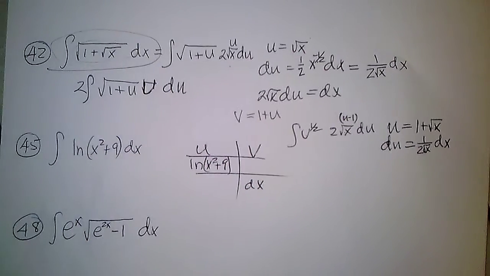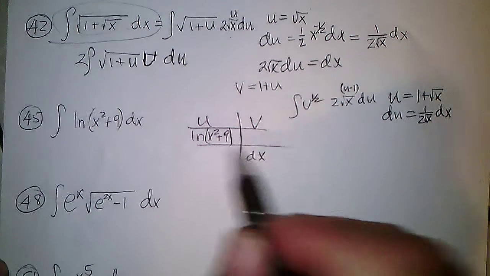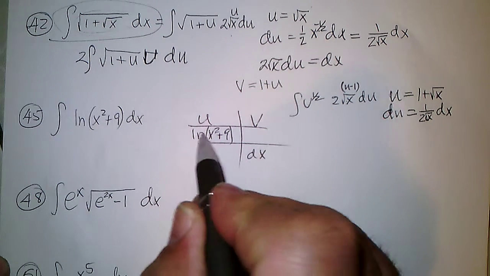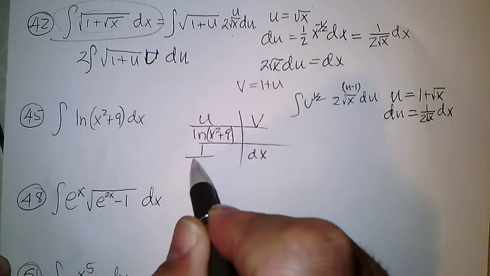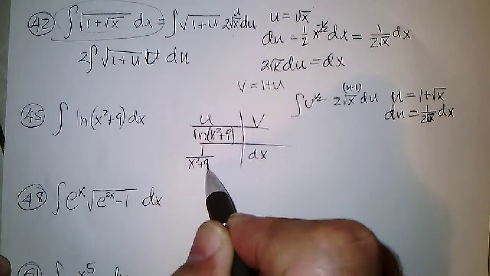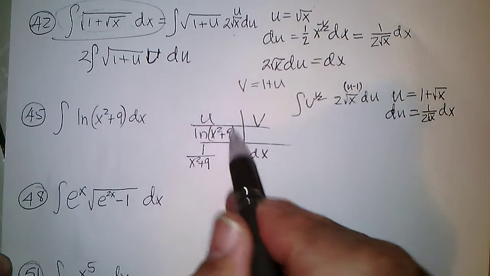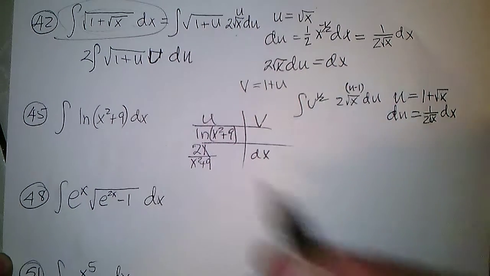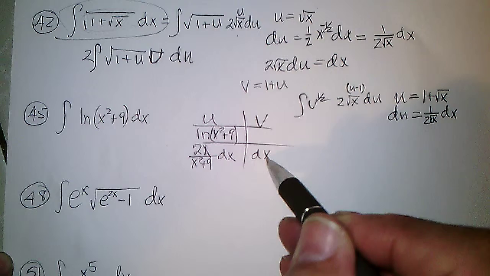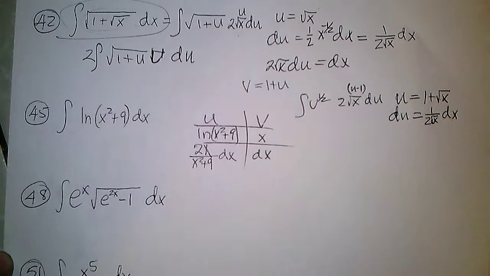and then the derivative of this, and you got to be real careful on this, derivative of ln would be 1 over the x squared plus 9 times the derivative of the inside, which is times 2x dx, and the integral of this would be x.